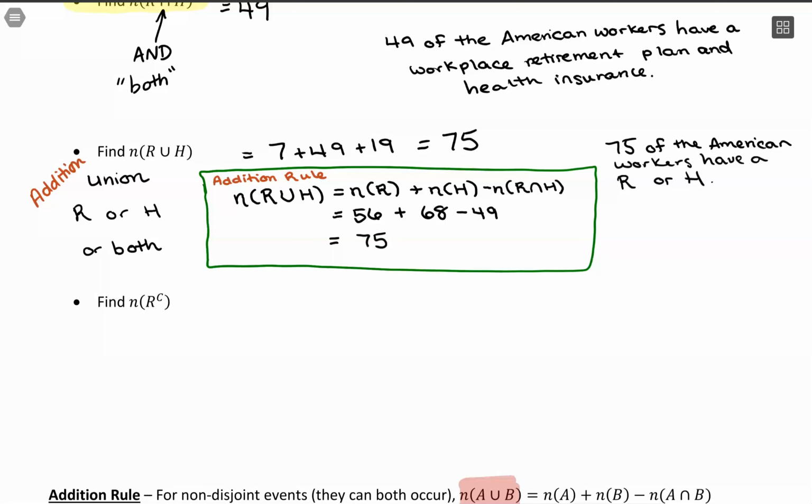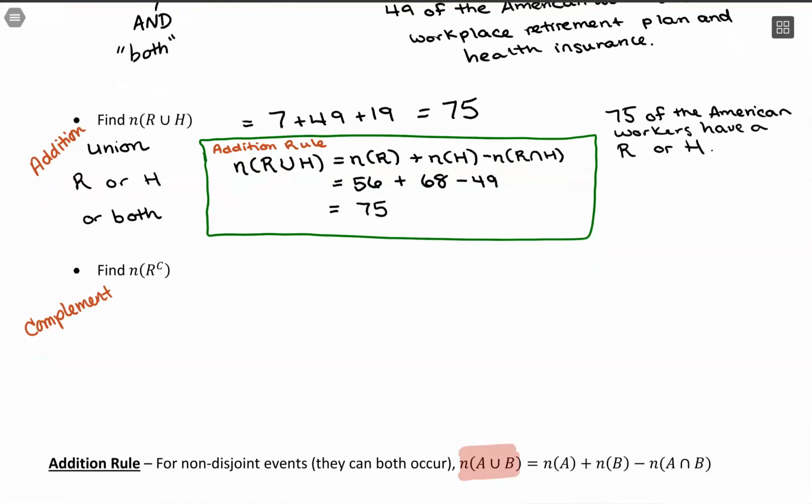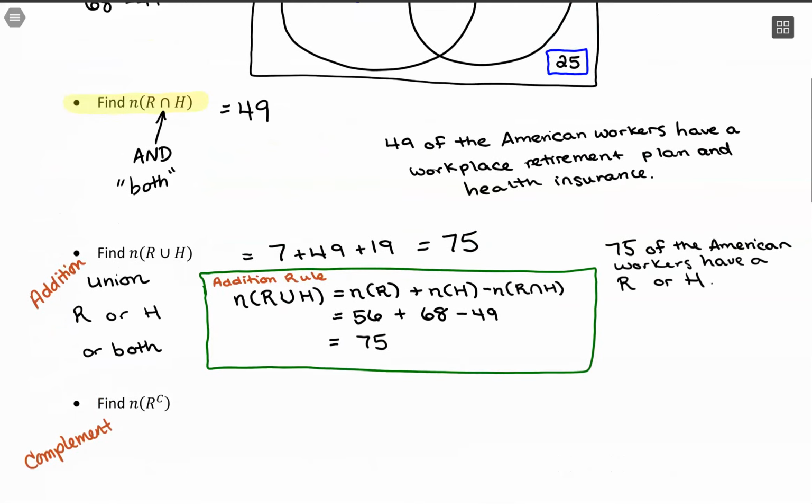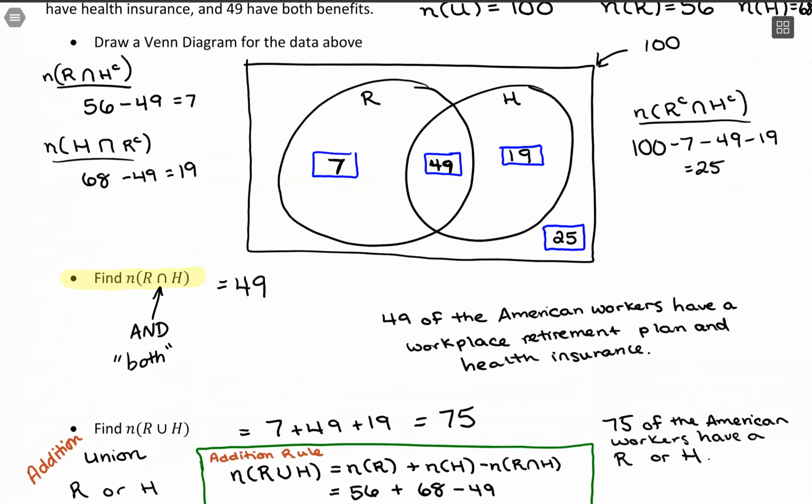Alright, our last one here is the complement rule. And I'll show you the direct way to go about it, and it's probably going to look almost the same as we do down below. Alright, calculating the number of people that don't have a retirement plan. So what I could do here is focus on who does have a retirement plan, and I just want not them.